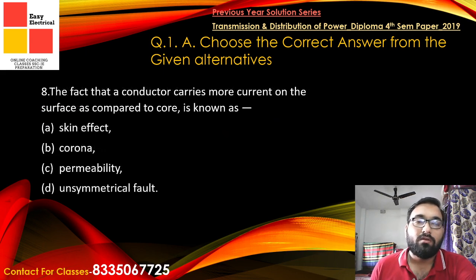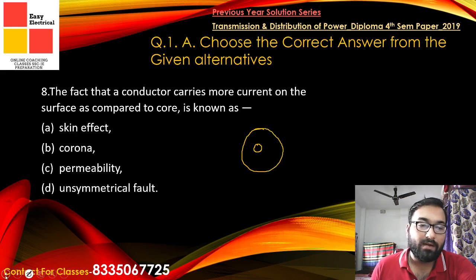Okay. Coming to the next question: the fact that a conductor carries more current on the surface as compared to the core is known as what? It is saying that if we have a conductor, the current will flow through the outer layers. Why does this happen? Because of the skin effect. We can find that the flux linkage throughout the cross section of the conductor is different.